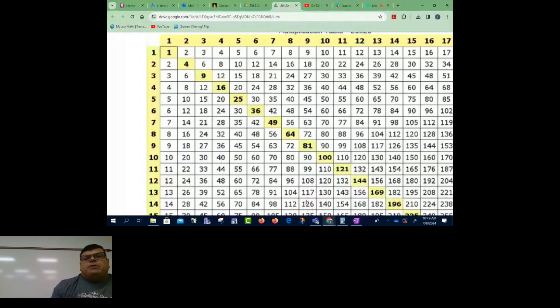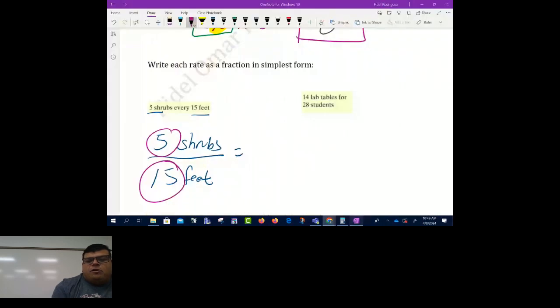Let me come back to my chart. I see a 5 and a 15 in the 5s. 5 goes into 5 one time, 5 goes into 15 3 times, right? What that means is we're going to put 1 shrub every 3 feet, right?